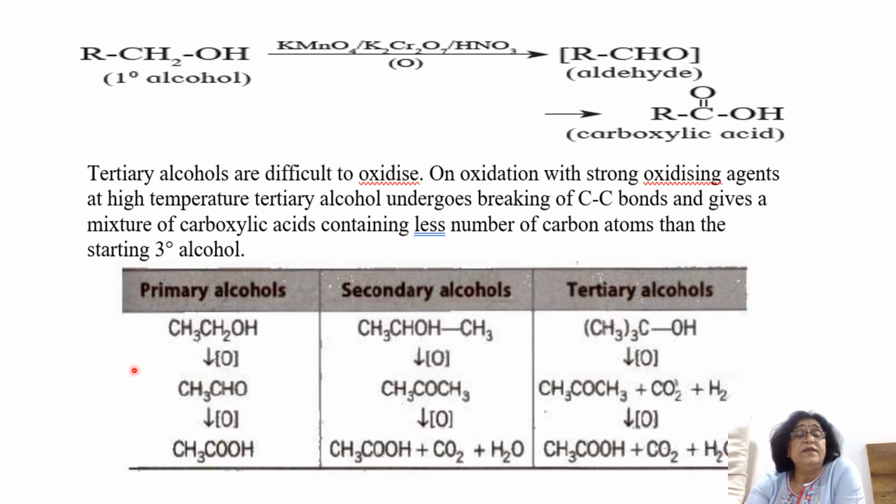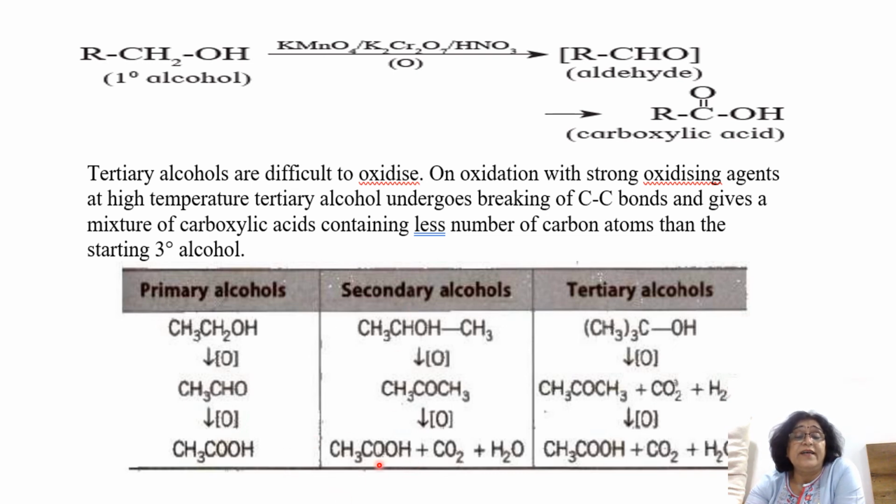Okay. So let's see here the oxidation of primary alcohol. If I take ethyl alcohol, it oxidizes to acetaldehyde and then further oxidizes to acetic acid in the presence of KMnO4 and H+. Then if we take isopropyl alcohol, this oxidizes first to acetone and then further to acetic acid, carbon dioxide and water. So the final product here is acetic acid: the isopropyl alcohol had 3 carbons, but the final product has 2 carbons.